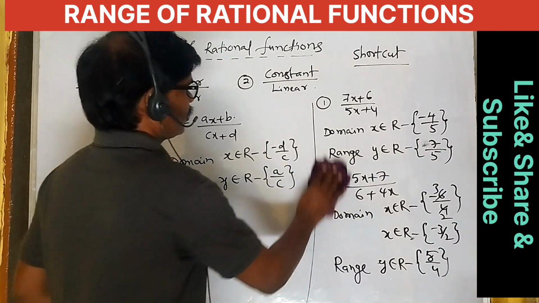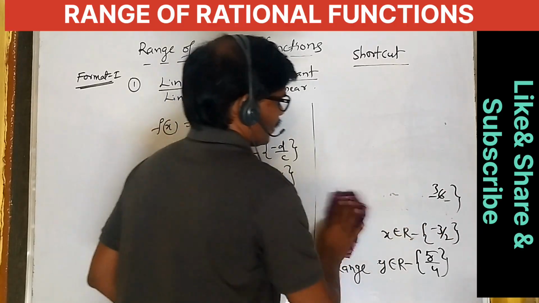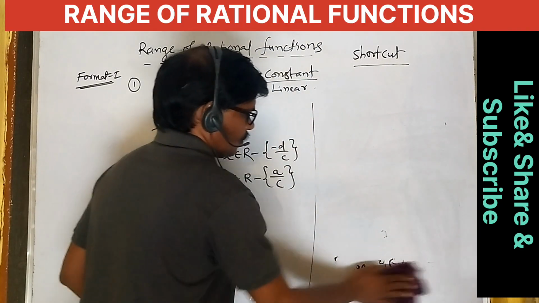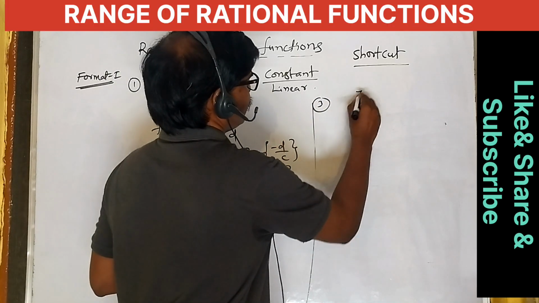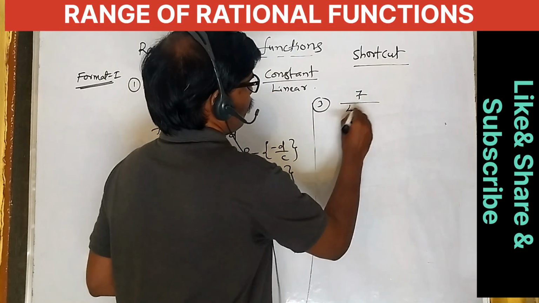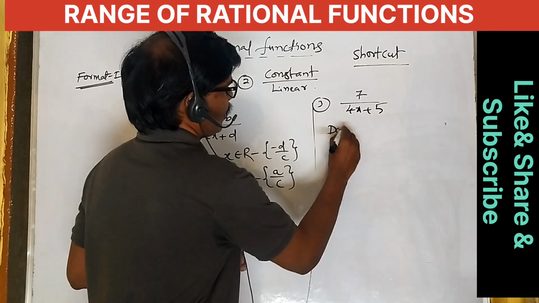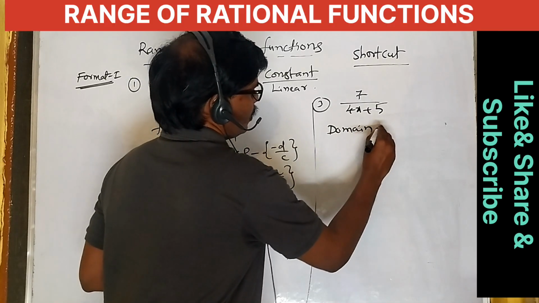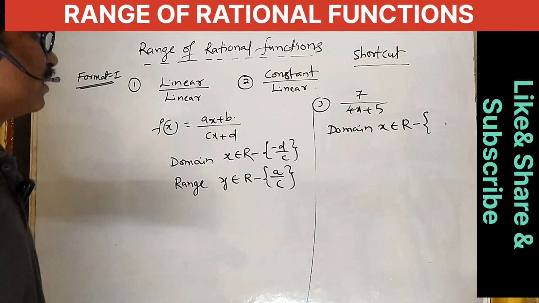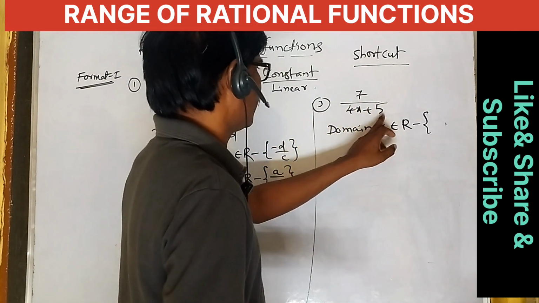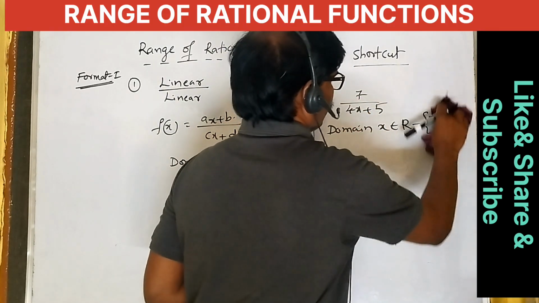Next, constant by linear. Question number 3: 7/(4x + 5). What is the domain? The domain is x belongs to R minus {-d/c}.